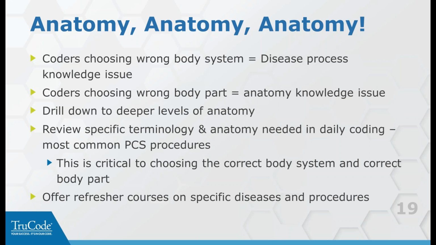So it's very, very important, especially with the top PCS procedures that you code regularly, that you are very clear about the terminology and the anatomy involved in those procedures. Because if you do not choose the correct body system and correct body part, it can have a huge impact on whether the code is correct or not and what the DRG reimbursement ends up being. For those of you that are overseeing coders, it's important to have refresher courses offered to them on a regular basis about specific diseases and procedures that they're having to code regularly.